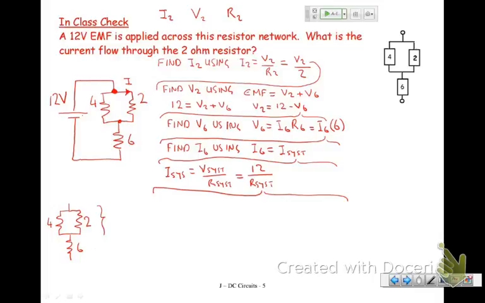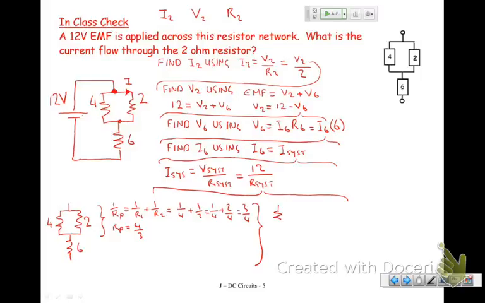I'm going to do that bit first. 1 over RP equals 1 over R1 plus 1 over R2, which equals 1 over 4 plus 1 over 2, which equals 1 over 4 plus 2 over 4, which equals 3 over 4. So RP is equal to 4 over 3. Glad I didn't make that mistake again.